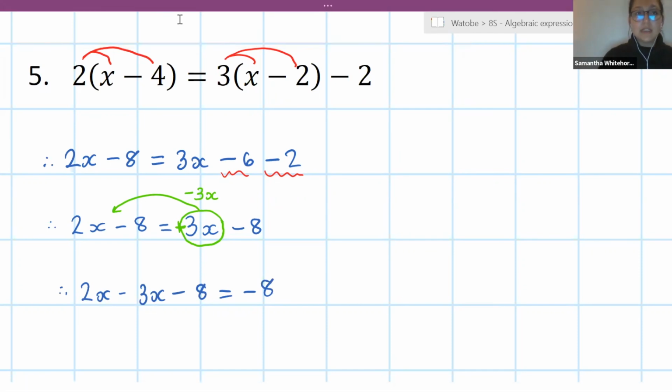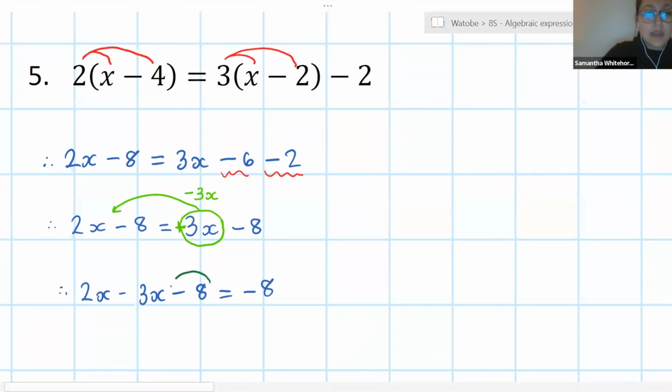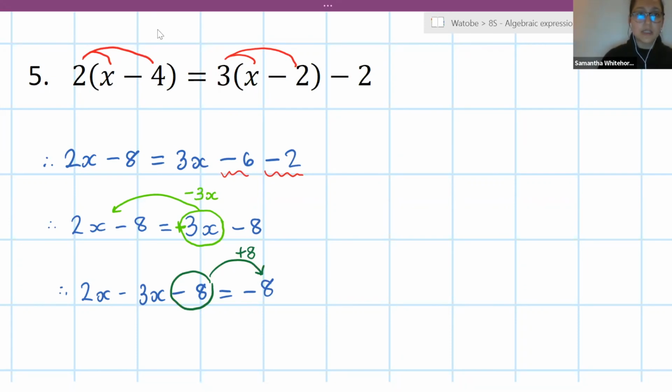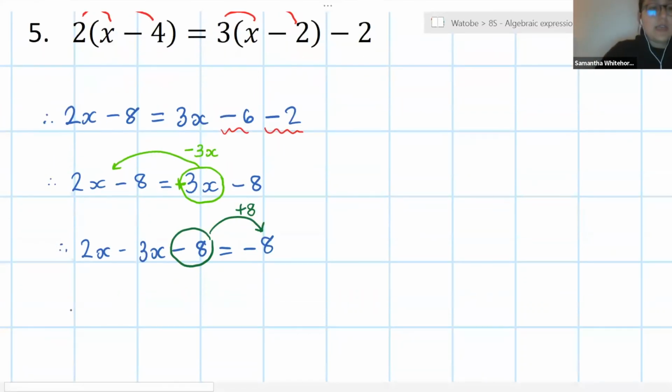Then the next thing I want to do is take this negative 8, and remember I want to get the constants over to the right. So that means I have to do the opposite and add 8 on both sides. So that's going to leave me with 2x minus 3x is equal to minus 8 plus 8.